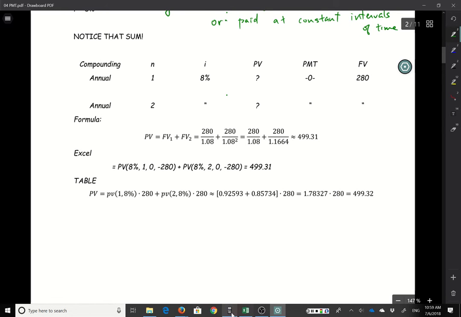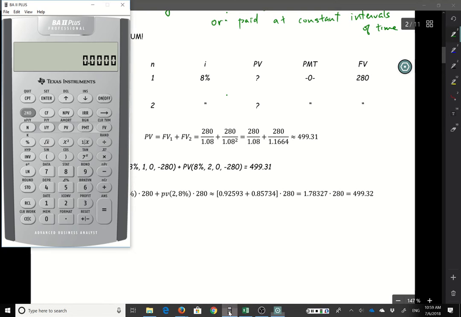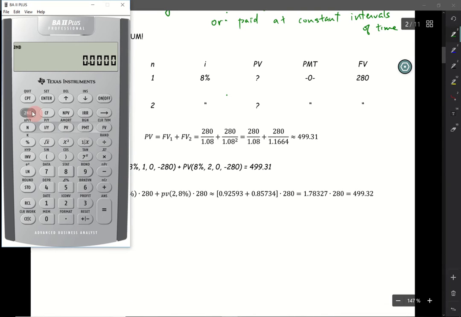Basically, in the financial calculator, let's just clear everything off, right? We say that there's actually 2 of them. We say that there's the same interest rate. And now we put this 280.